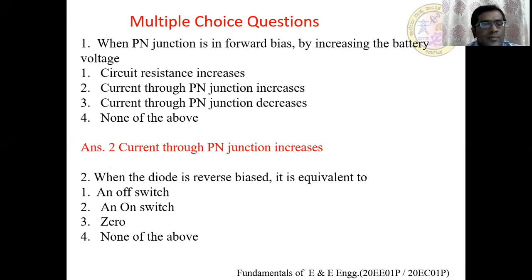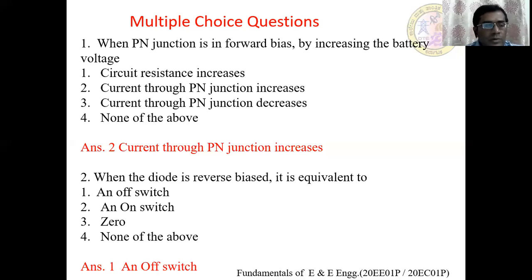The answer is the current through the PN junction increases. That is, when the PN junction is in forward bias, by increasing the battery voltage, the current through the PN junction increases.